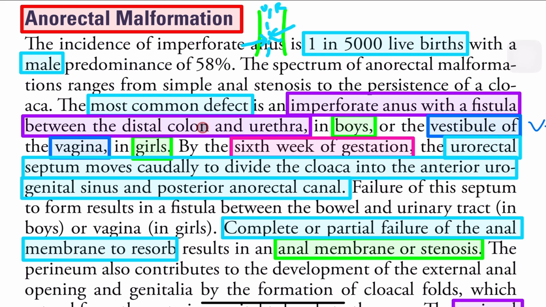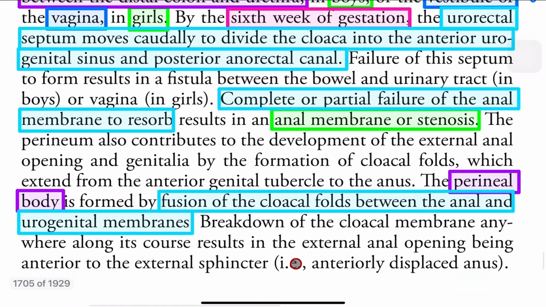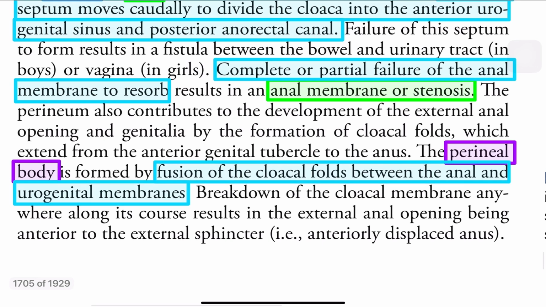Then complete or partial failure of the anal membrane will lead to anal membrane atresia or stenosis. If this septum has not formed completely or partially, it will lead to the anal membrane atresia or stenosis.